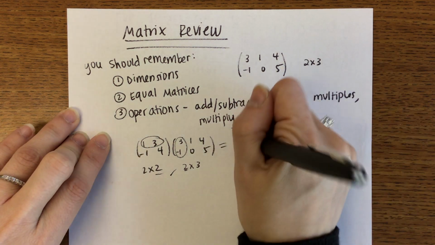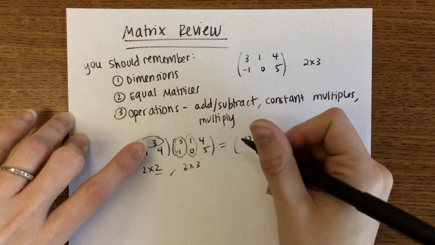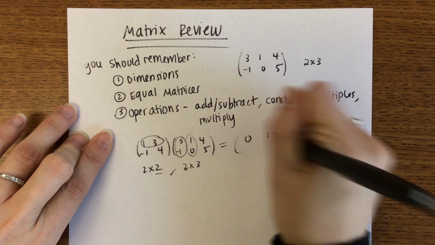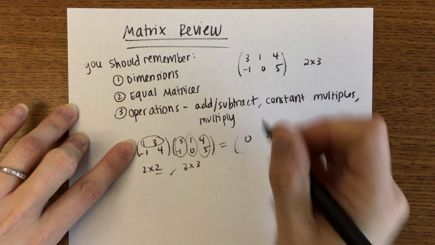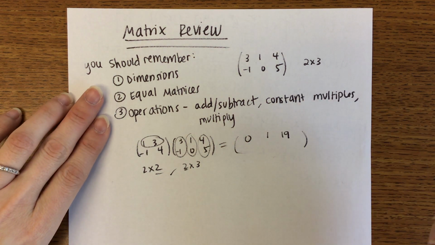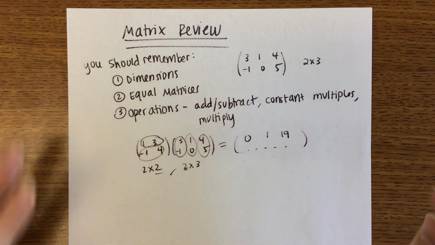I would add them and get 0. Row by the next column, 1 times 1 is 1, 3 times 0 is 0, 1 add 0 is 1. 4 add 15 is 19. Do you guys get the point? And then we would do the next row. I'm not going to finish that because I think we get the point.